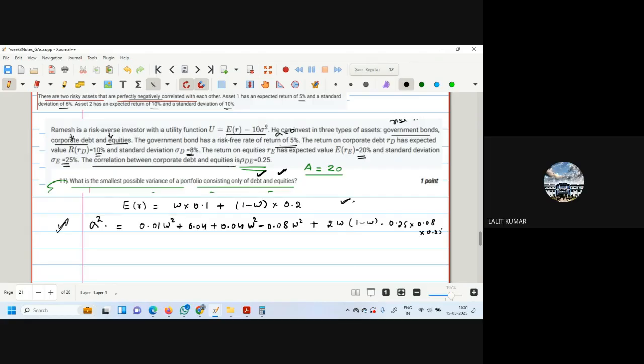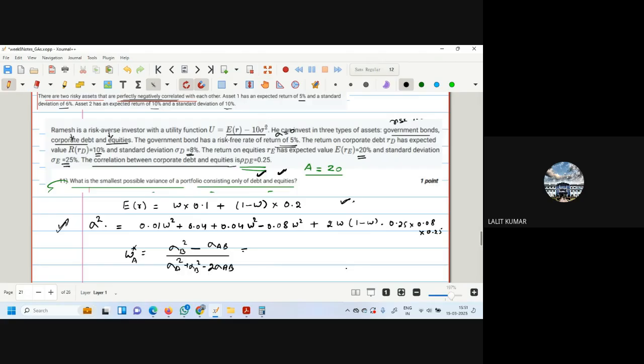And from here, we can directly find the W star. Either you can use the formula that W_A star is equal to (sigma_B star minus covariance of AB) divided by (sigma_A square plus sigma_B square minus 2 covariance of AB).